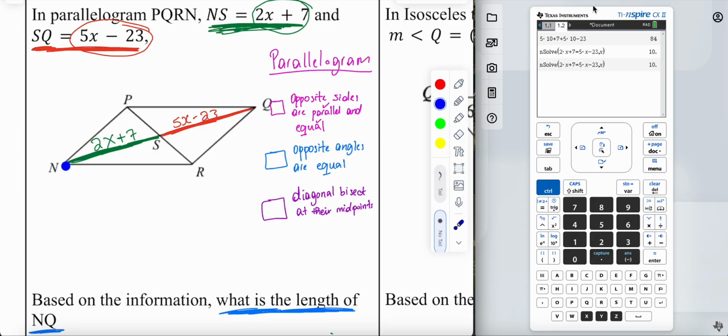Notice that all of this is made up of the green, which is NS, and the red, which is SQ. So for us to find the length from N to Q, we have to add the green plus the red. So we have to combine the whole thing.